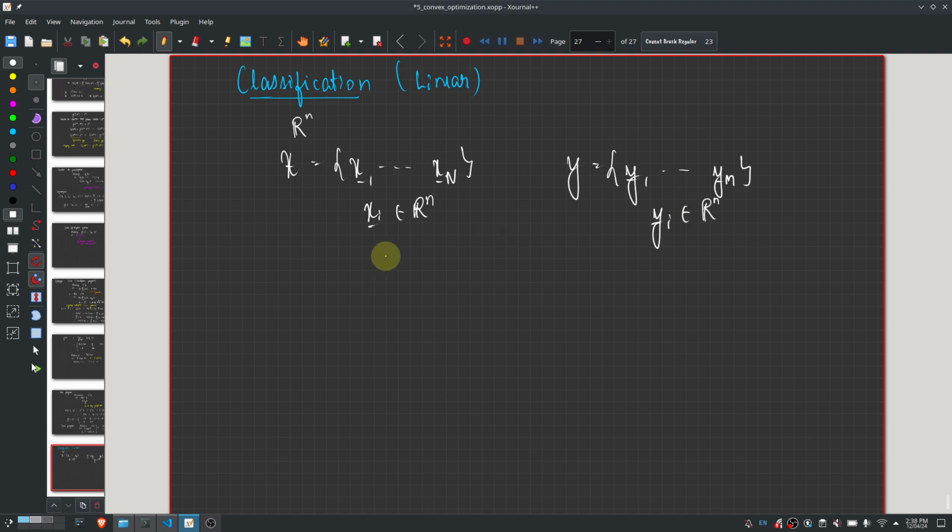And so first we'll ask the following simpler question, which is of linear classification, or sometimes called linear discrimination. Which is, given these two sets of points, can I draw a hyperplane that separates these two sets? That's a very simple geometric problem that one can try to answer.